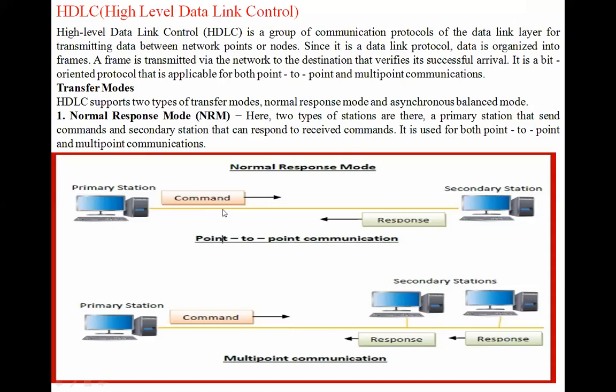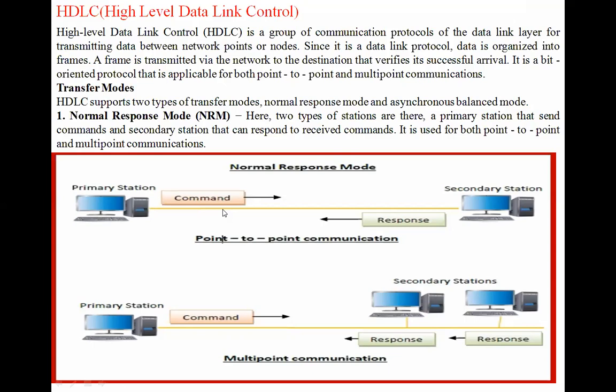Multiple simultaneous communication is point to multi-point. You are sending multiple frames, commands, and data, and the same command, frame, or data has to reach multiple stations. Multiple stations means multiple computers. One message is broadcast to multiple computers, that is called multi-point communication. One computer to another computer is point to point communication.